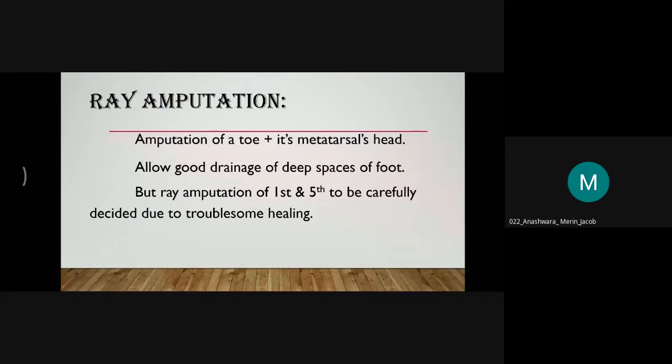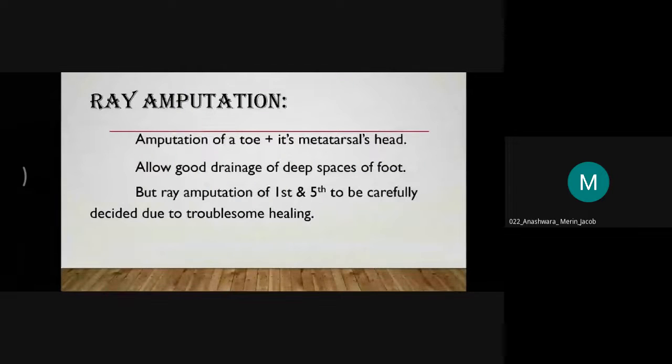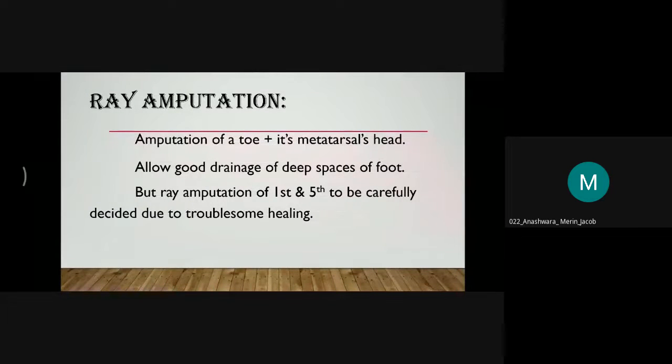In every bone there will be the same kind of thing. There will be a rounded thing, which is nothing but the head. Why are we removing that? We are making the growth factors and other healing factors come out of the bone marrow. As you all know, the bone marrow is rich in growth factors and all.